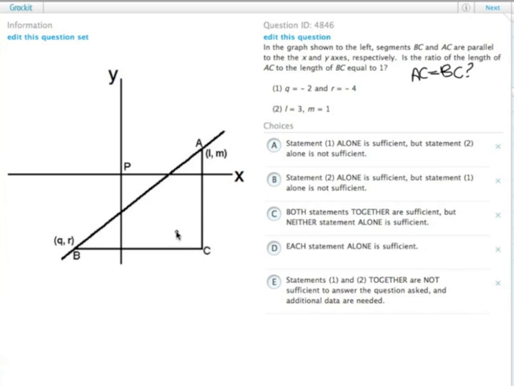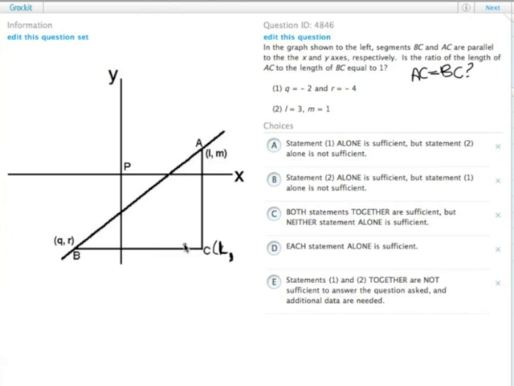One thing we can tell before we even hit the statements is that because AC is parallel to the y-axis, point C is going to have the same x coordinate value as point A. So whatever this point is, it's going to be L for the first value.